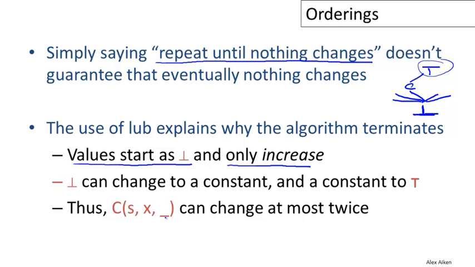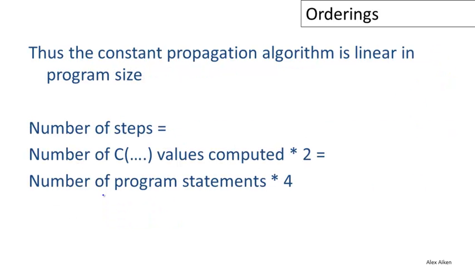So each piece of information we're computing, for every statement, for every variable, and for either in or out, can change at most twice. It can go from bottom to a constant and from a constant to top, but after that, it will never be updated again. What this means is that the constant propagation algorithm we've described is actually linear in program size.